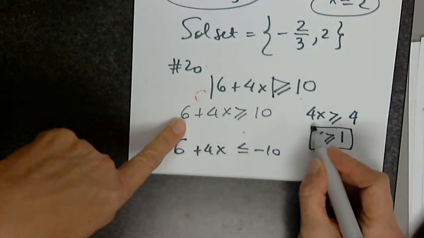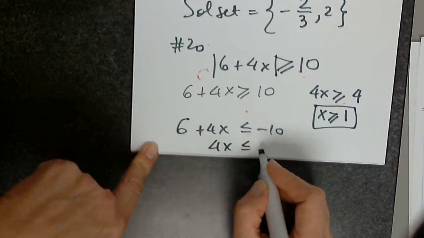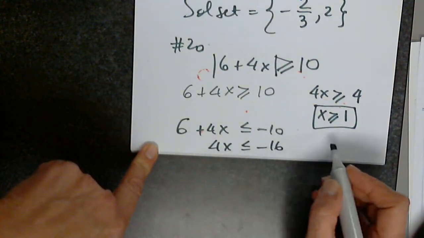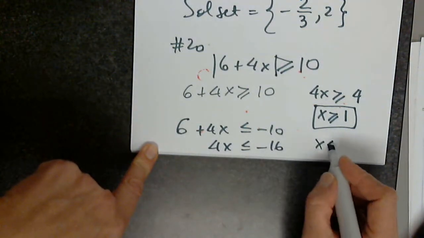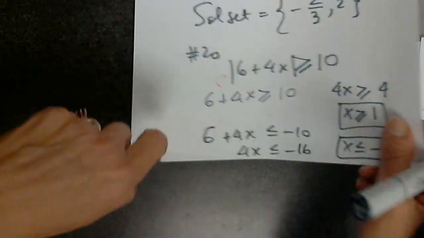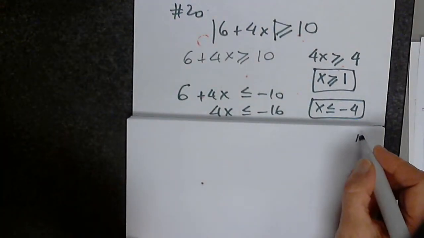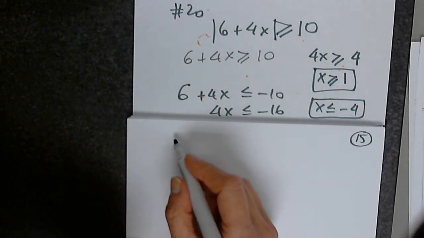So I'm done with the first one. Then I have 4x less than or equal to, I subtract 6, negative 16. Divide by 4, x less than or equal to negative 4. And I'm done with the second one. Now what? Solution set.